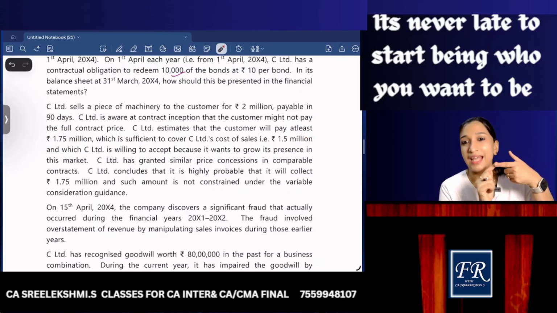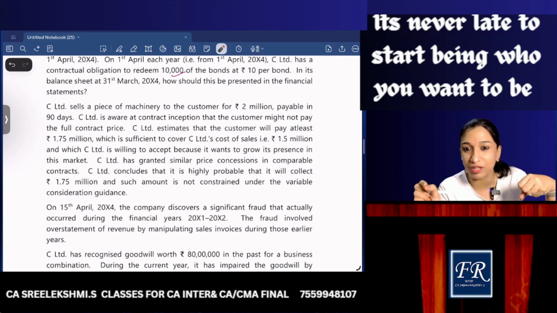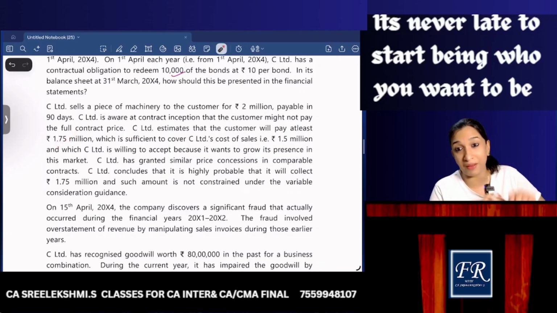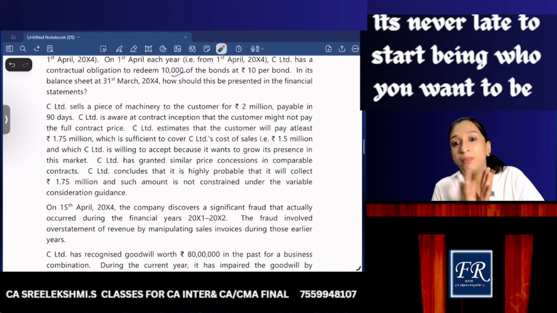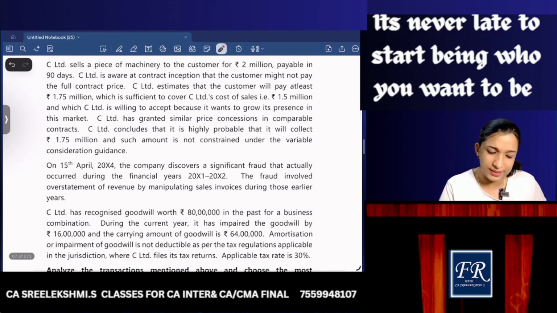What is the transaction price? Transaction price is the consideration the entity reasonably expects to collect. If a substantial amount of the consideration is collectible, it is fine. If the customer has the ability and intention to pay 1.75 million, 1.75 million will be taken as the transaction price. Again, let's find out the question.